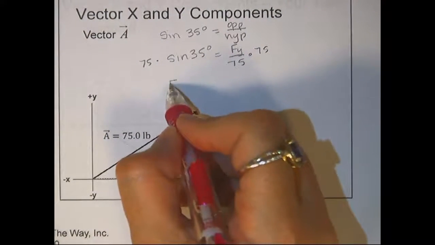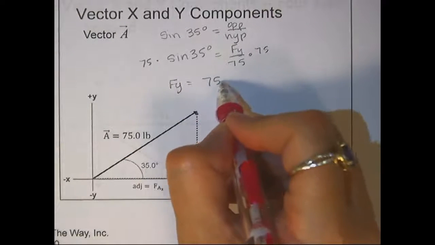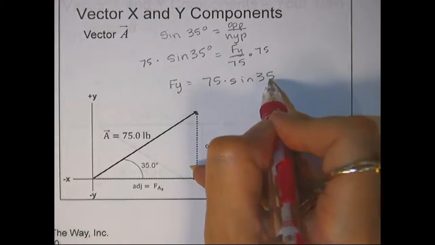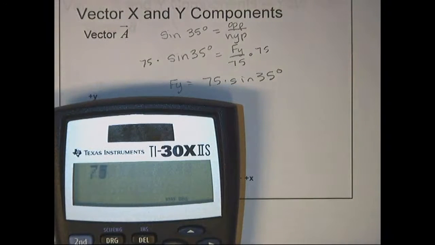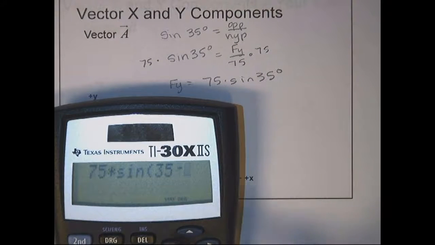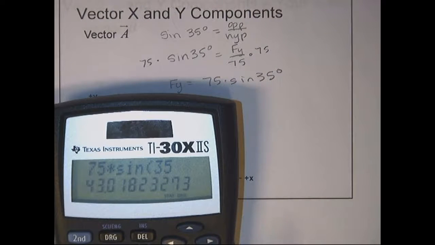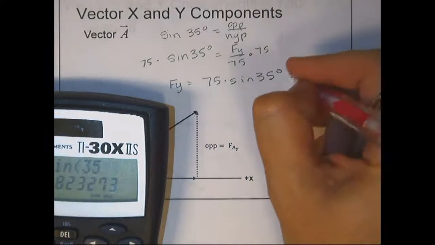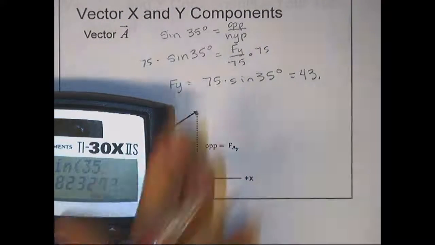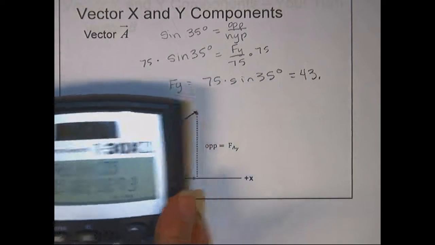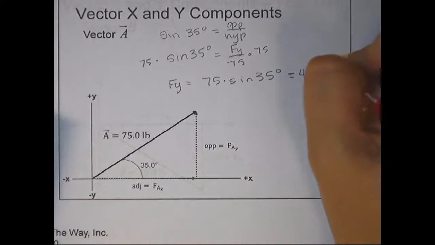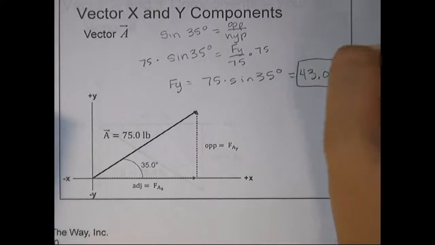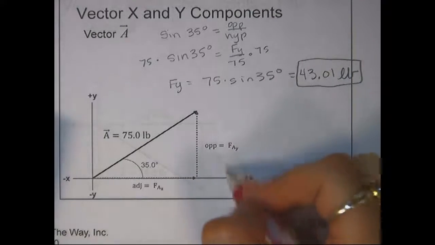So I have Fy equals 75 times sine 35 degrees. Notice I'm in degrees here. 75 times sine 35, giving us 43.01. Because this was in pounds, this is also in pounds. That's in the y direction.